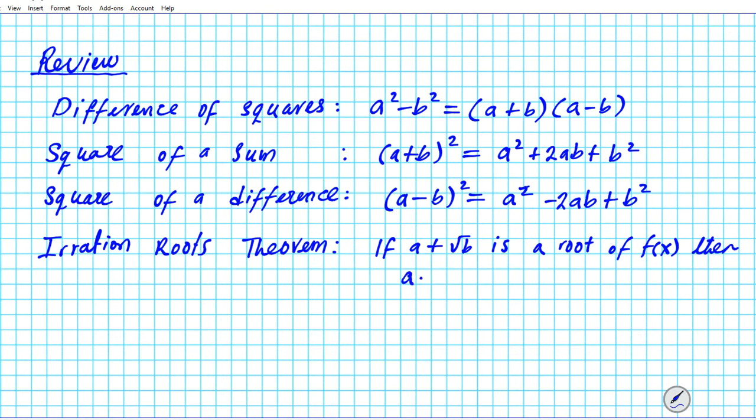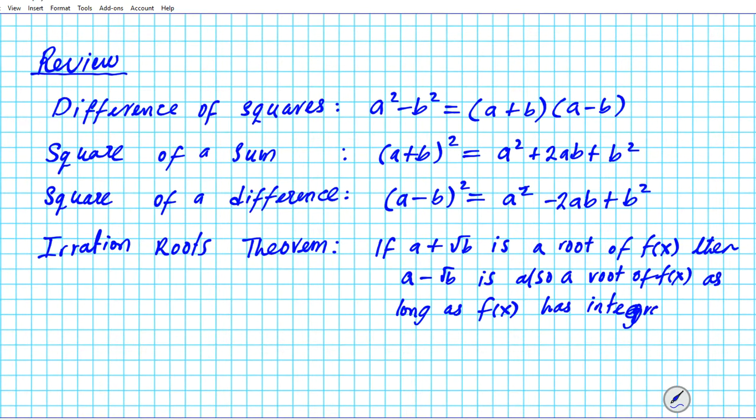Then a minus root b, the conjugate of this irrational root, is also a root of f of x as long as there's a condition: f of x has integer coefficients. Okay, has integral coefficients.